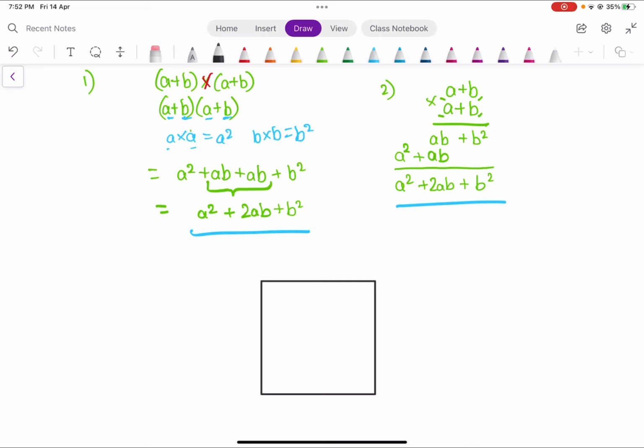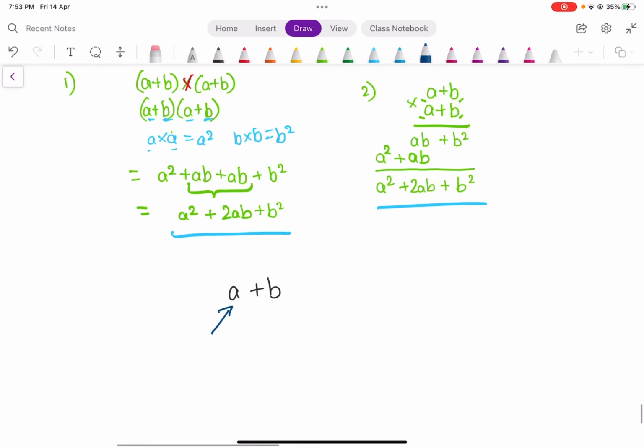Before we talk about squares, let's just talk about the variables in a plus b. Well, the variables in a plus b are, pretty obviously, a and b. So what happens when we square this?